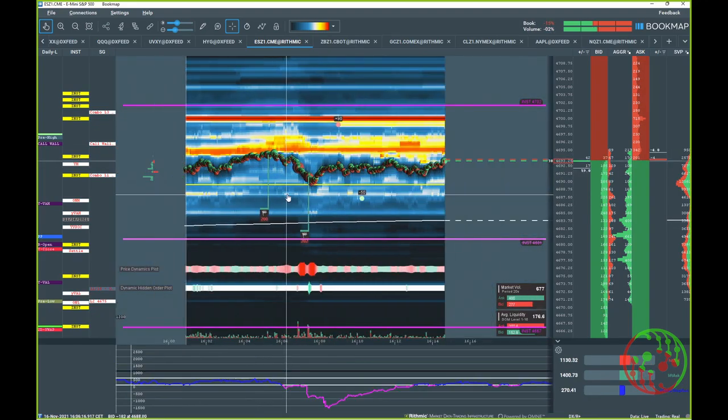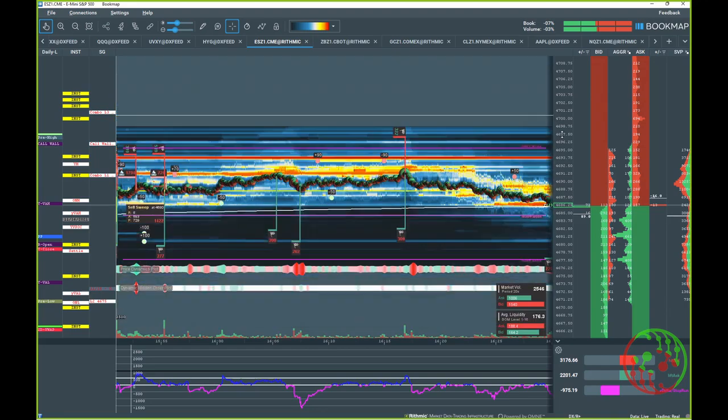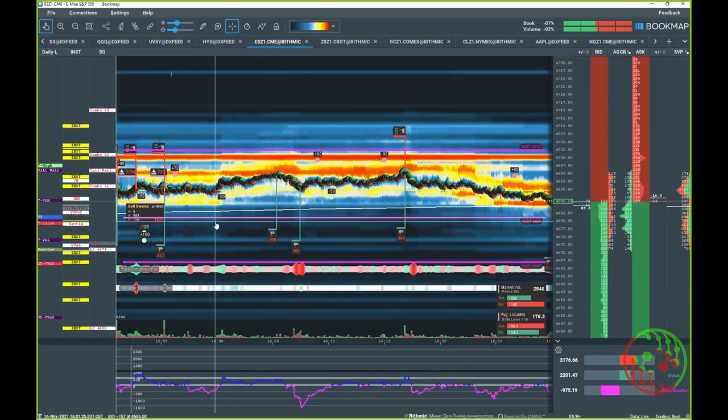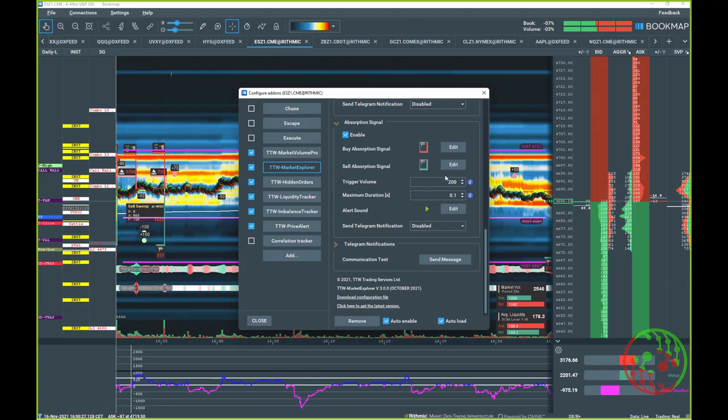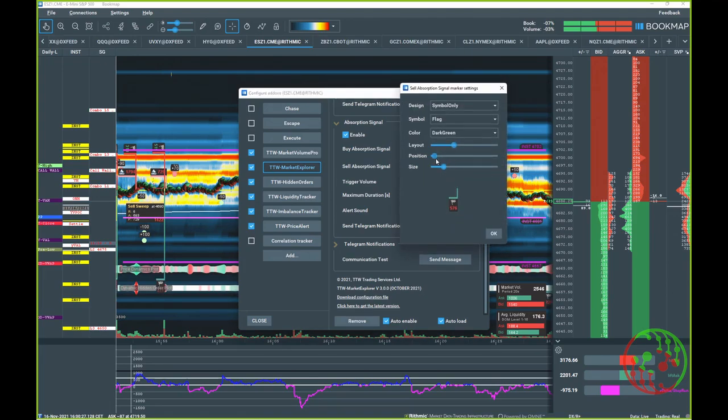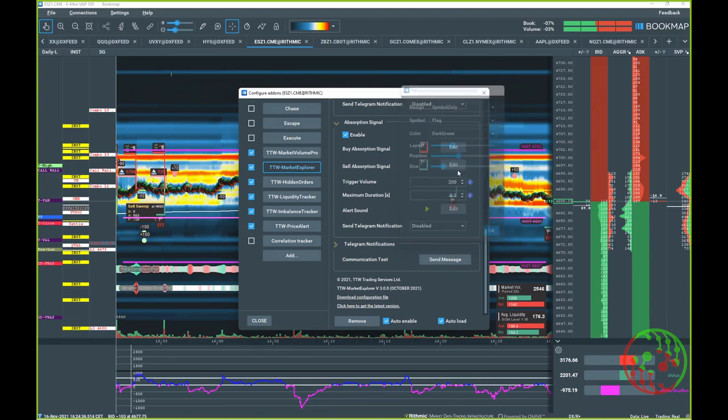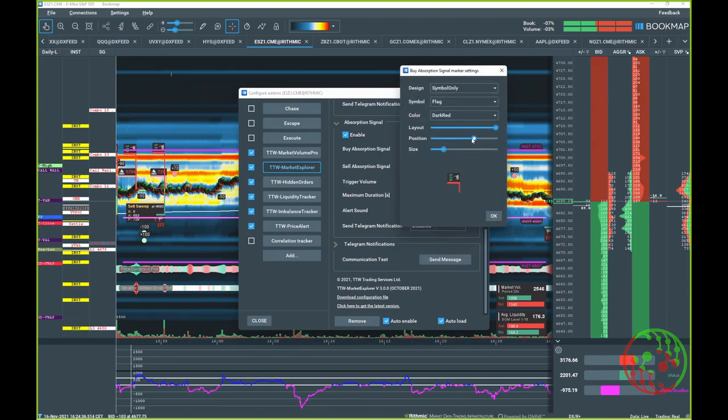And you can drill down this absorption to 150, 100, whatever you want. You will have a bunch of signals on the chart, which I would not recommend because it's disturbing, simply disturbing.